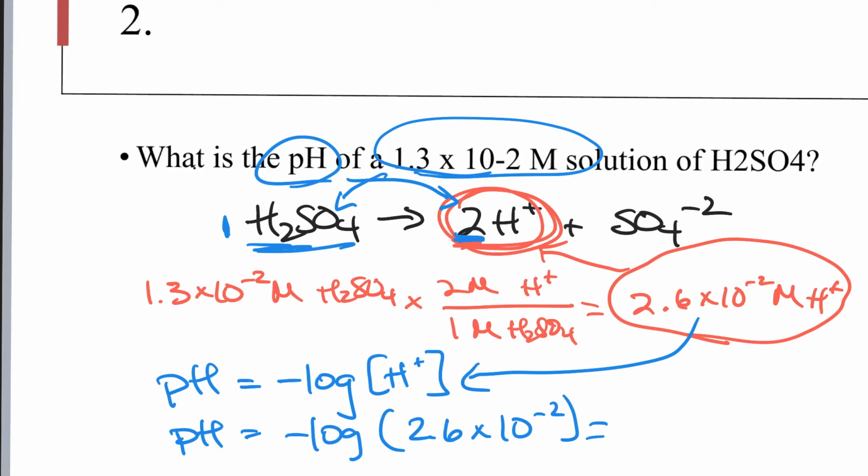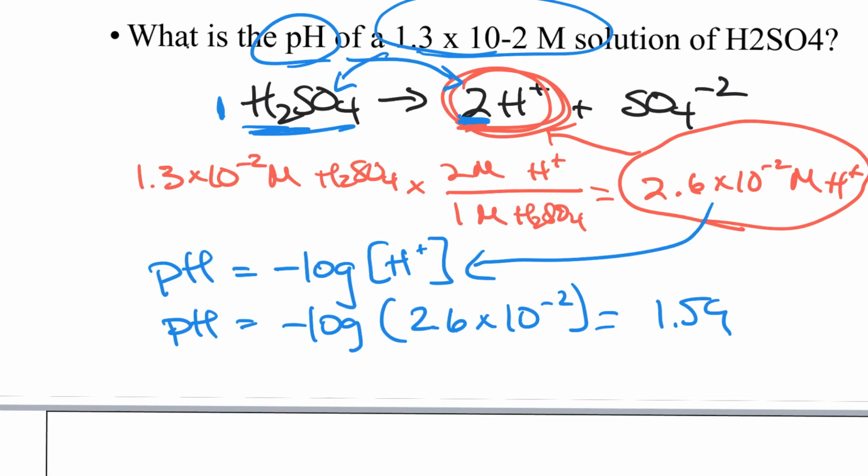You plug this into the calculator and you should get 1.59. All right. And so that's the pH for this problem. So once again, hopefully you realize that this solution is acidic, because this is a pH that's less than 7, and your hydronium concentration is greater than your hydroxide concentration, okay?